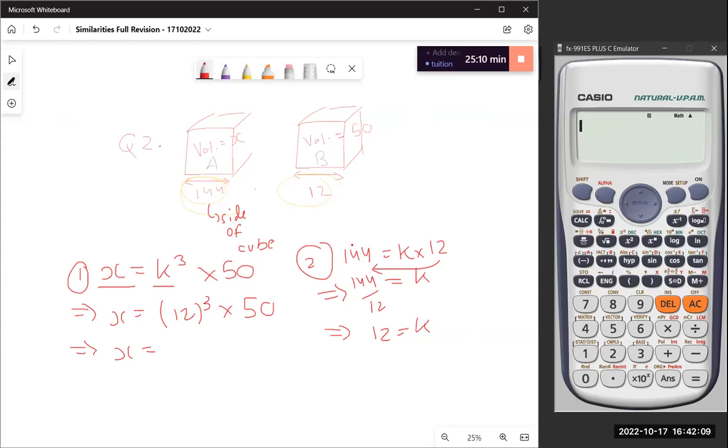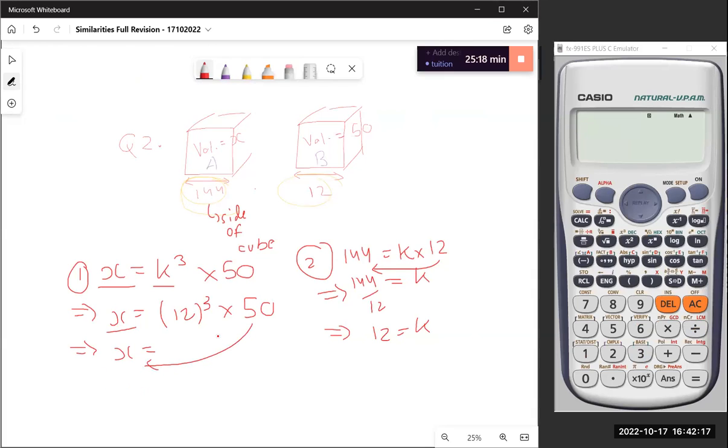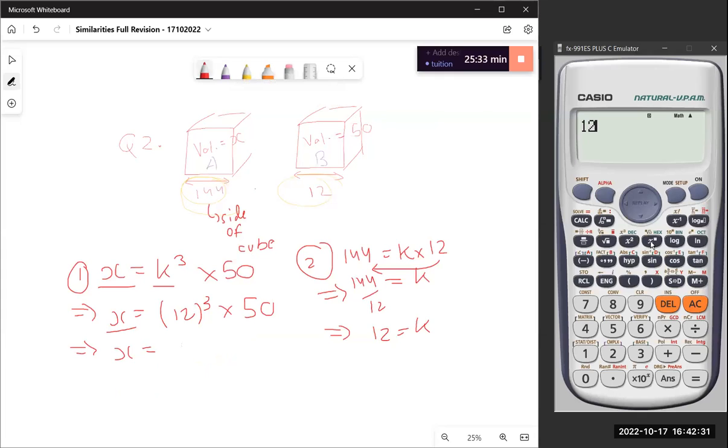Sir, 50 won't move to the other side, right? No, we have to find X. If it goes over there, then we can't find X. Can I say the answer? How much is the answer?